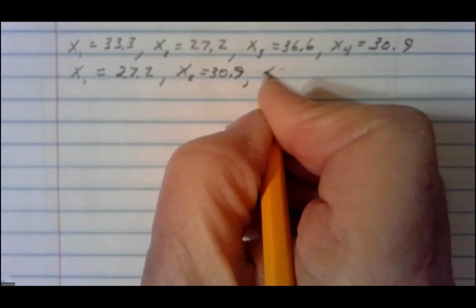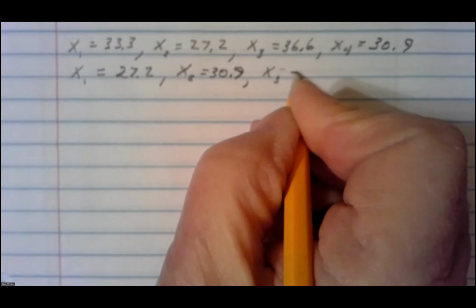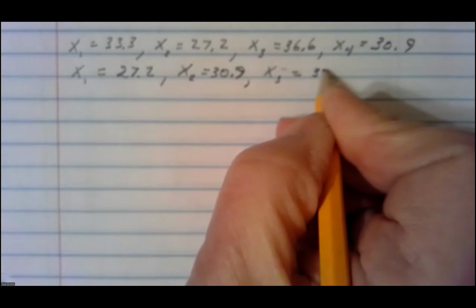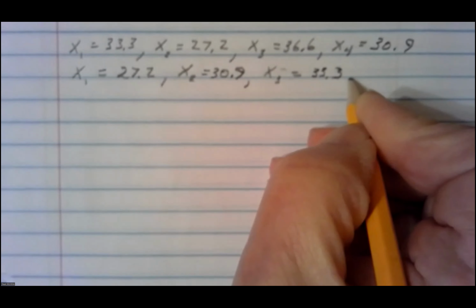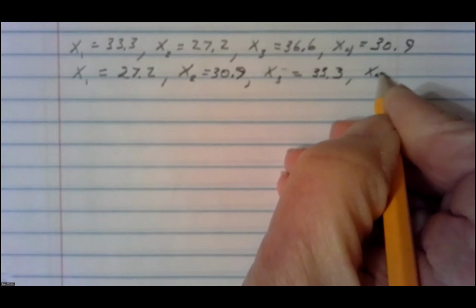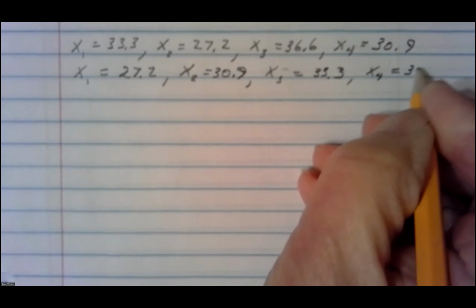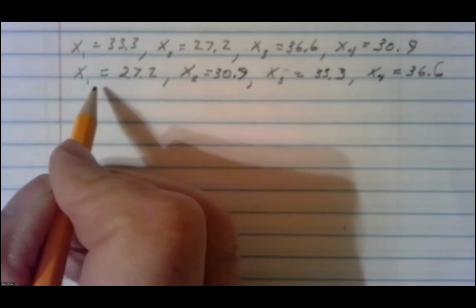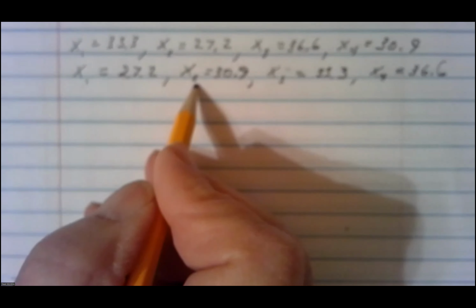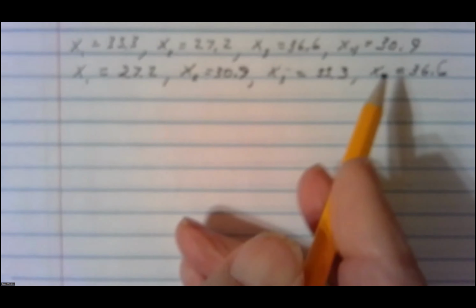And X sub 3 is equal to 33.3. And X sub 4 is equal to 36.6. Now these subscripts just indicate X1 is different than X sub 2, is different than X sub 3, is different than X sub 4. They're just subscripts, okay? Ways of defining. Okay, so now we have that.